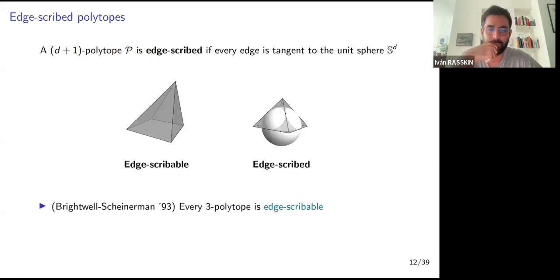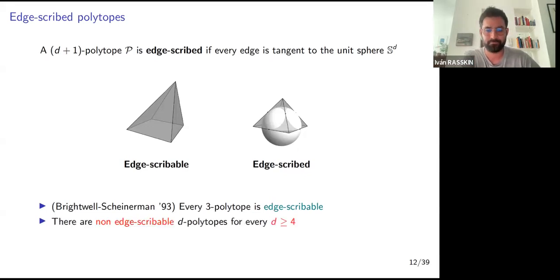Brightwell and Scheinerman proved that every 3-polytope is inscribable, so every polyhedron can be realized with every edge touching the unit sphere. It is known also that there are non-inscribable d-polytopes in dimension 4 and above.